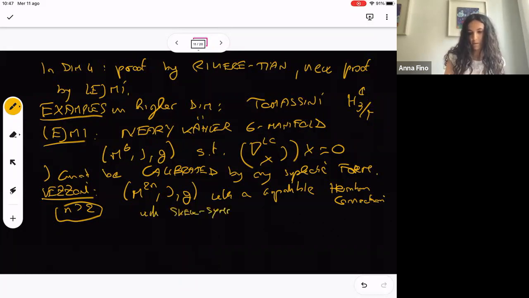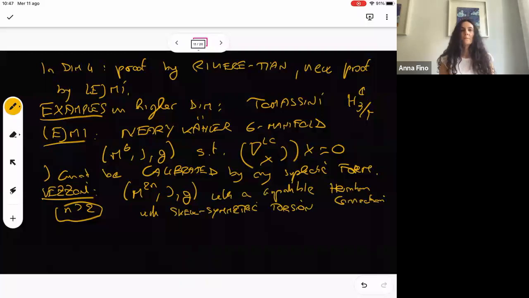You remember the Bismut connection has such a property? Agricola and Friedrich characterized almost Hermitian manifolds admitting a skew-symmetric torsion Hermitian connection.